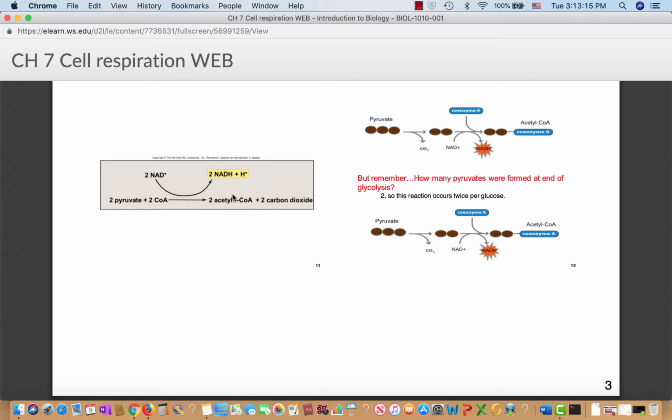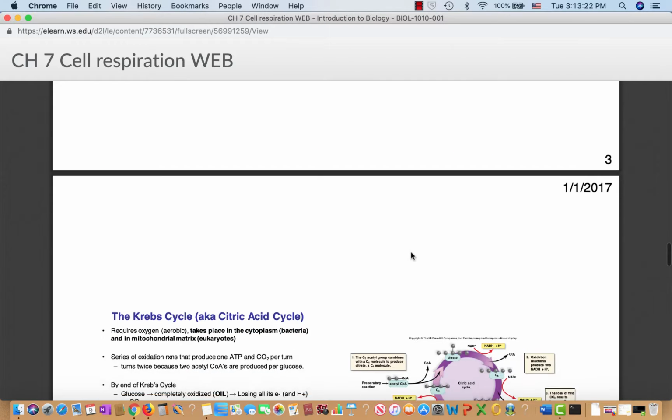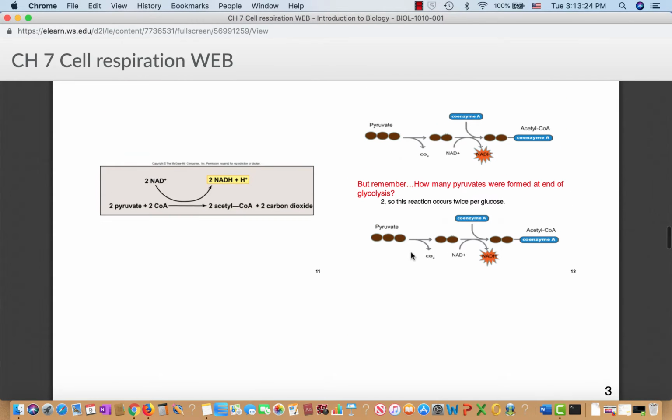Because we got 2 pyruvate at the end of glycolysis, we do this whole prep thing twice. Basically all you're getting out of this is acetyl-CoA and NADH, because you started with NAD plus and it gets transformed into NADH, which is carrying energy for you. So 2 acetyl-CoAs per glucose molecule.